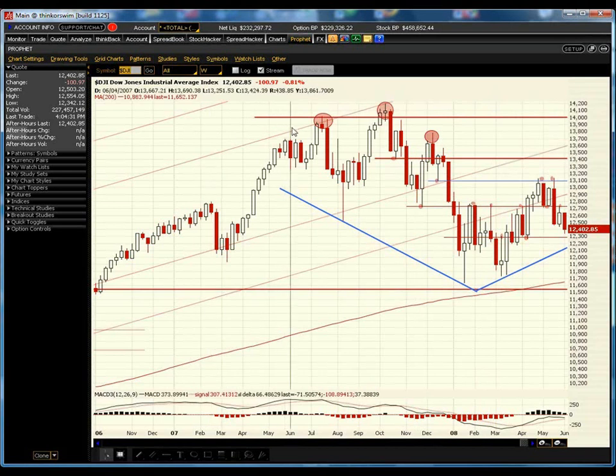We say it's significant because the first time prices hit this 14,000 level, they sold off dramatically. If prices had hit this level and not backed off significantly, we would not consider it a significant level of resistance.